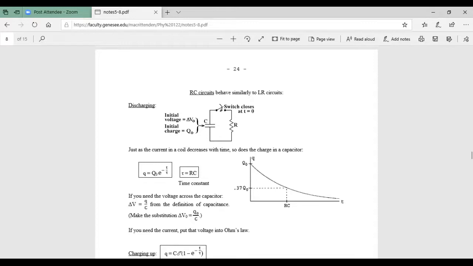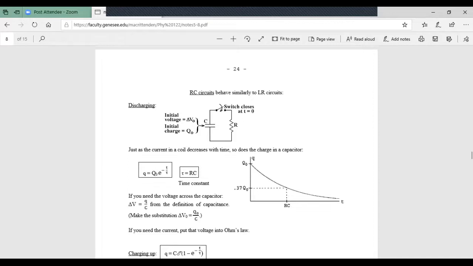What if it's not the charge on the capacitor you care about? What if it's the voltage between the plates? Well, then you just have to go back to the definition of capacitance.